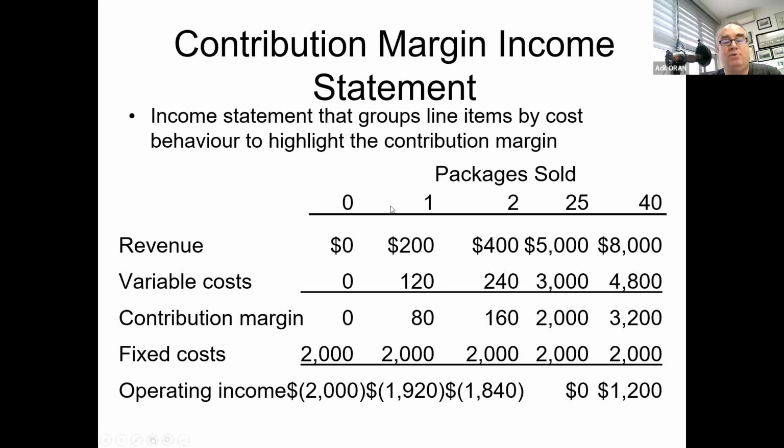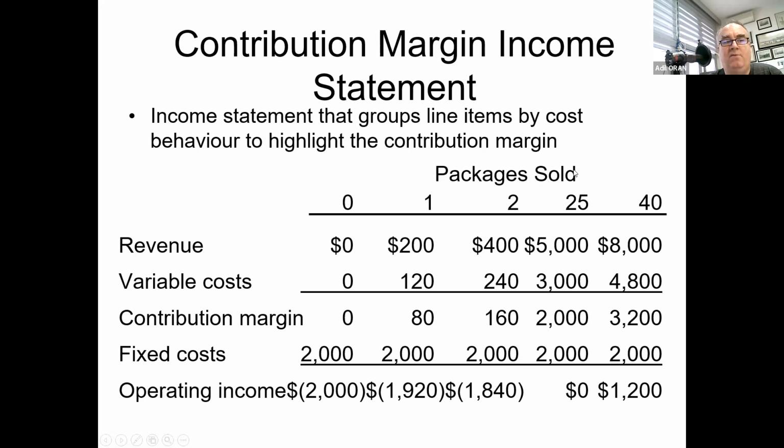If we produce and sell only 1 unit, we have $80, but we still have a fixed cost of $2,000. So we're still losing $1,920. If you sell 2 packages, revenue becomes 400, variable cost 2 times 120, 240, contribution margin 160, and fixed cost remains the same. Our loss is getting smaller, but it's still minus 1,840.